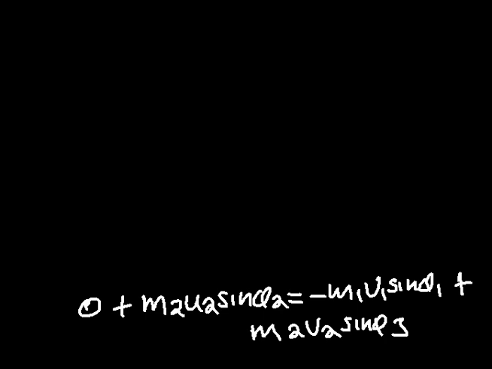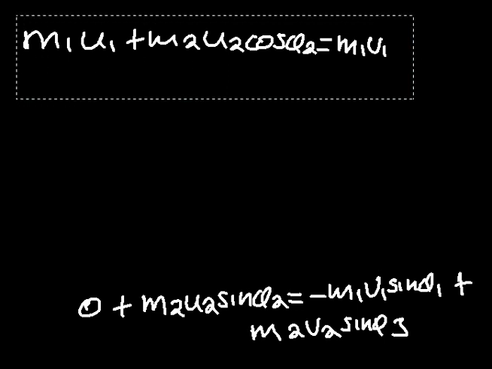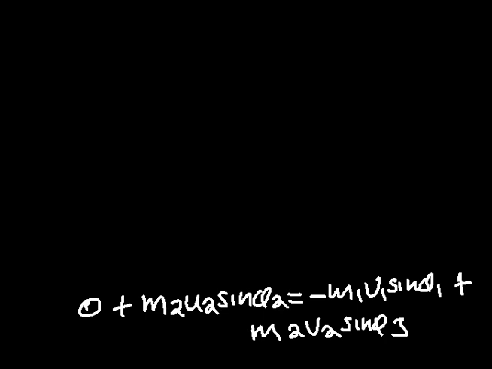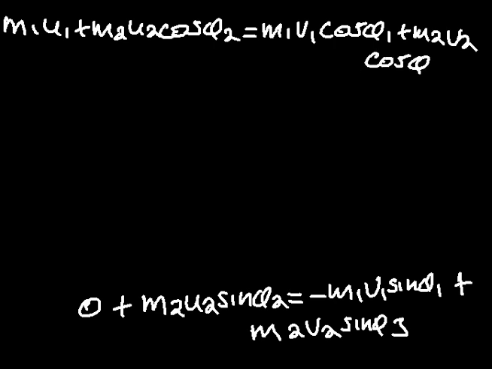So along the x-axis we have the momentum conservation as m1 u1 plus m2 u2 cos theta 2, which is equal to m1 v1 cos theta 1 plus m2 v2 cos theta 3. So this is for the momentum along x.